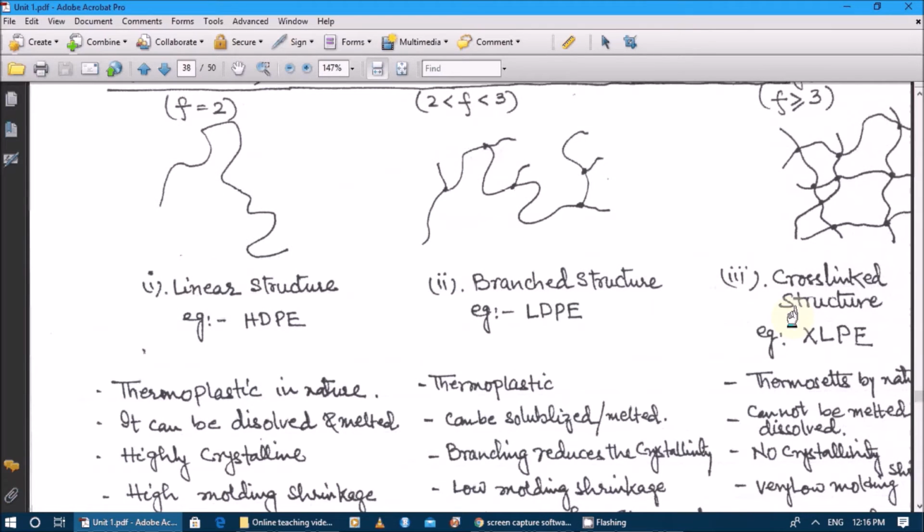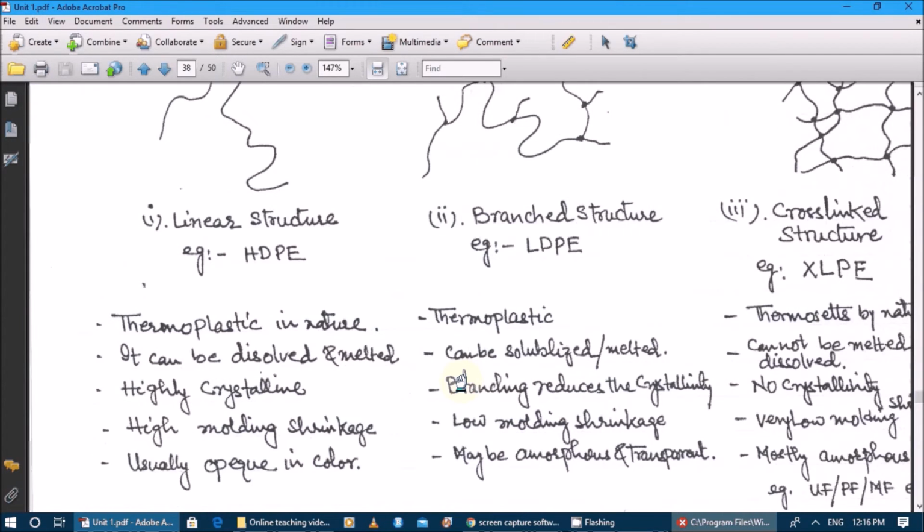This is the same polymer which is used in insulation for electrical wire, and these electrical wires avoid short circuit and catching fire at the time of some mishap due to the short circuit in some building, etc. So because of their varying structure, they exhibit different types of property.